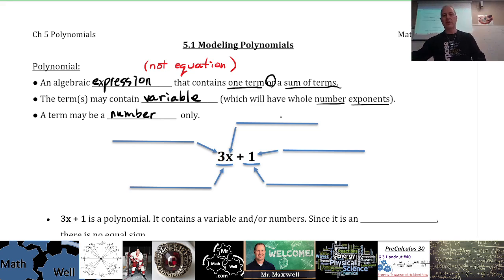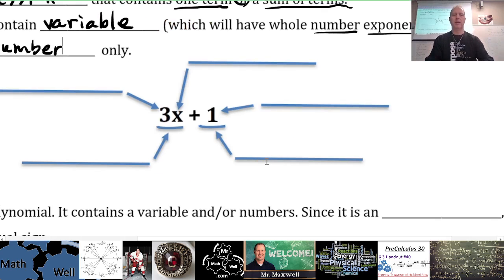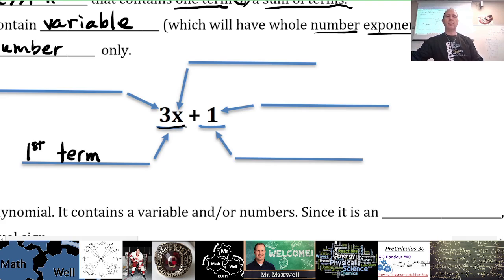All right, so let's take a look at this little part right here. This 3x, and I'll zoom in maybe on this so you can see that a bit better. This 3x is our first term. This is the first term in the expression, the 3x. And yes, this is 3 times x. Hopefully you know this already from previous math classes.